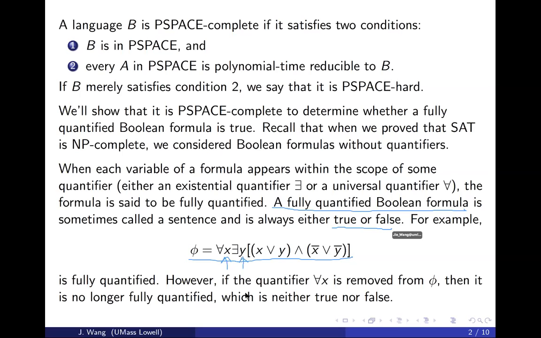So this is different from an unquantified Boolean formula, where we talk about satisfiability, whether you can find a truth assignment for the variables to make that formula true. In this case, we don't have that concept because each fully quantified formula will either be true or false.